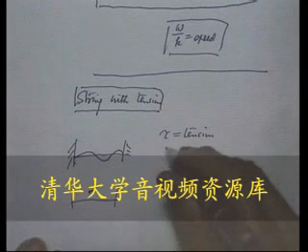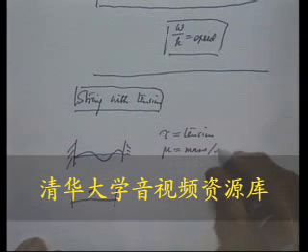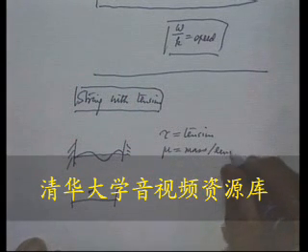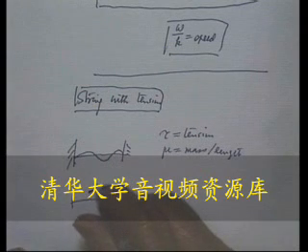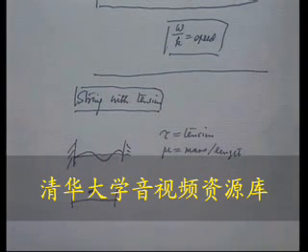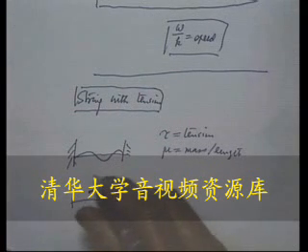The string has a mu, which is equal to mass per length. So I'm now going to look at a small segment of it from x to x plus delta x.